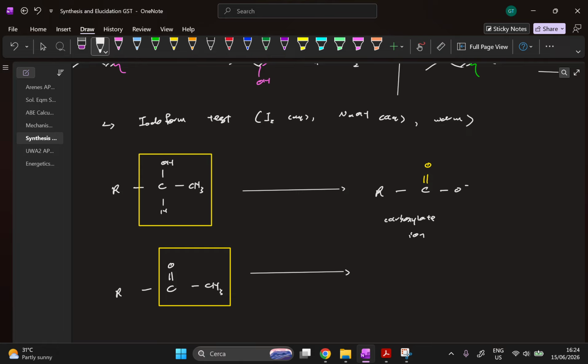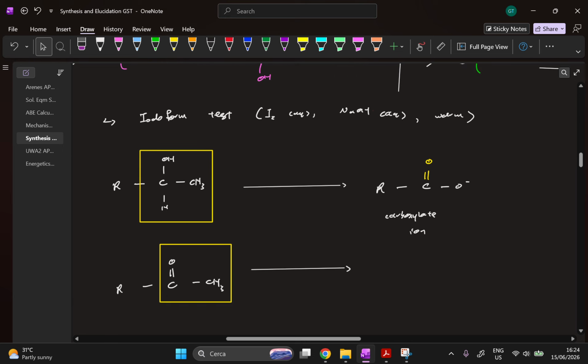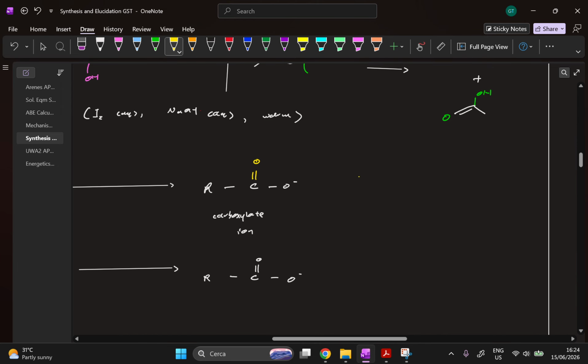Why is it a carboxylate ion? Because I have basic conditions here. That's why the carboxylic acid group is deprotonated to give me carboxylate. And here as well, this thing will still be a C double bond O, and I'm going to get O minus. But then this CH3 over here, this C over here, that's how I get my CHI3, my yellow precipitate.